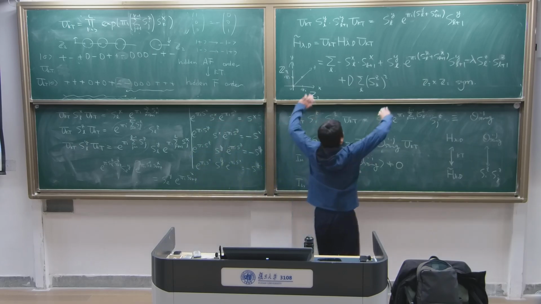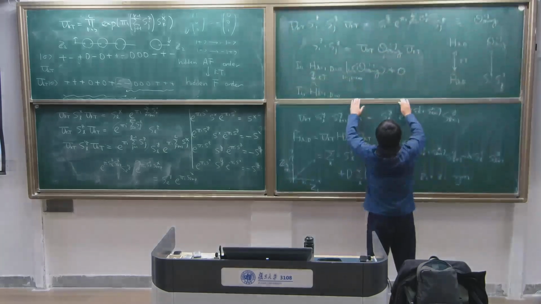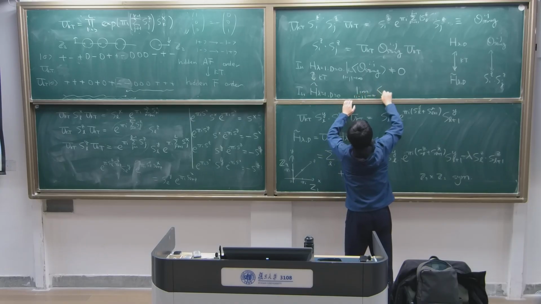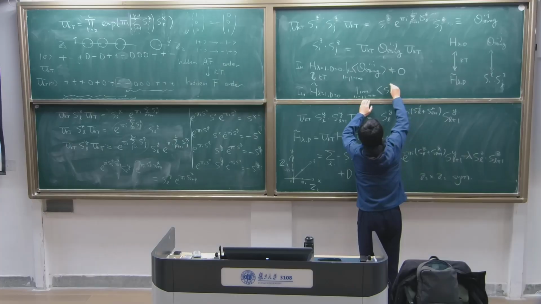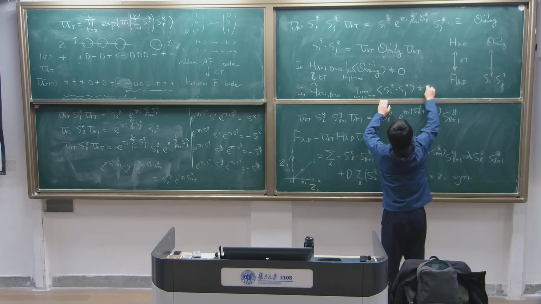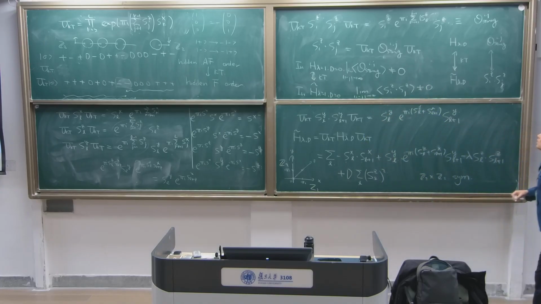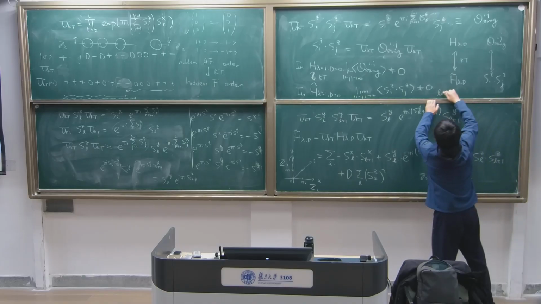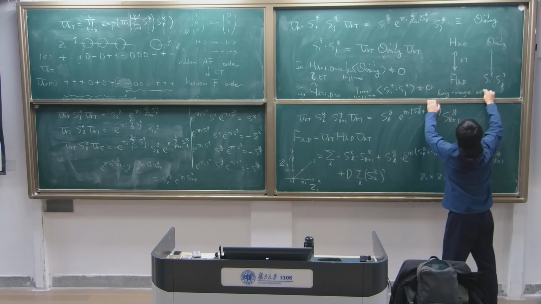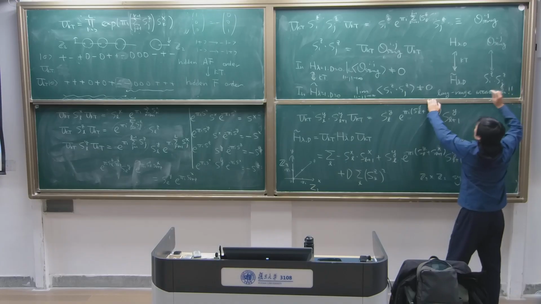Then here, what's going to happen is that in the limit i minus j goes to infinity, S_i^D and S_j^D is non-zero. But a very, very non-trivial thing happens. So this is long-range interaction.